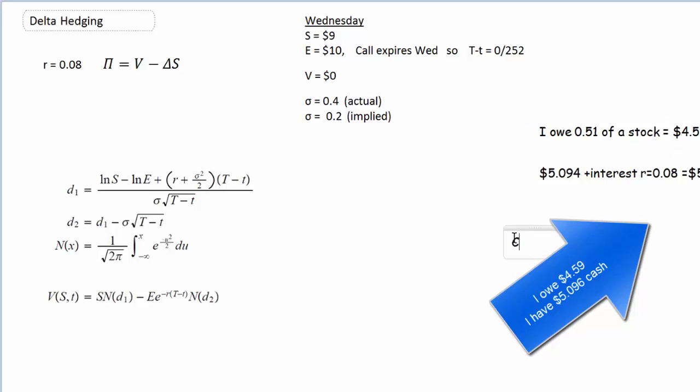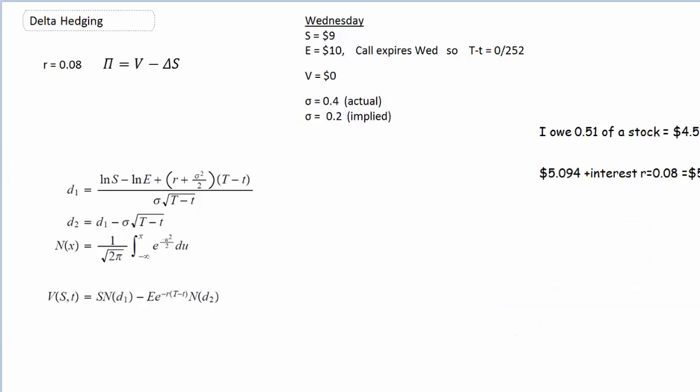So how much cash do I have left? Well, when I close out my position, I've got almost 51 cents. So after I pay back my stock debt, I've got almost 51 cents left.